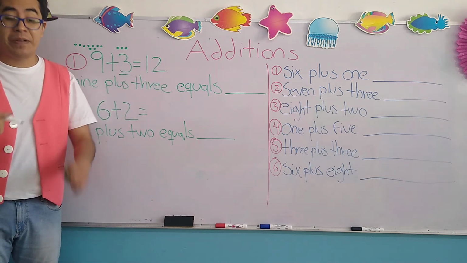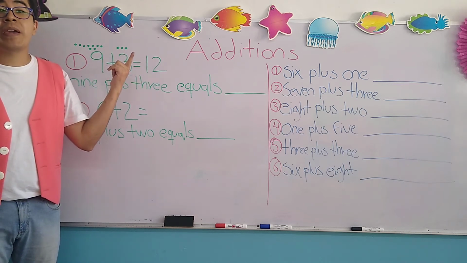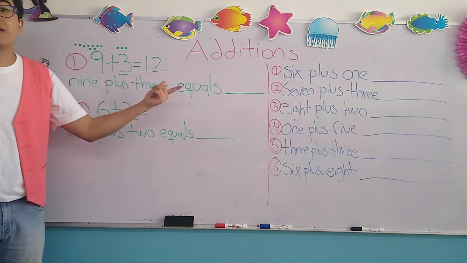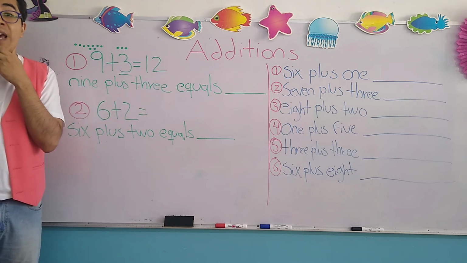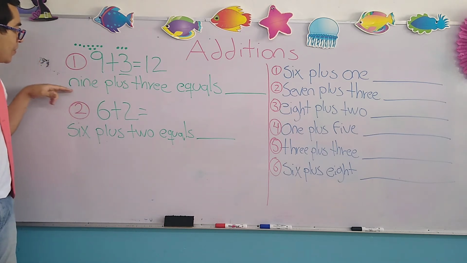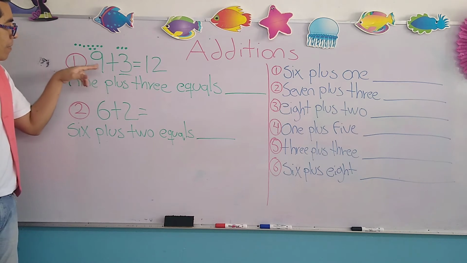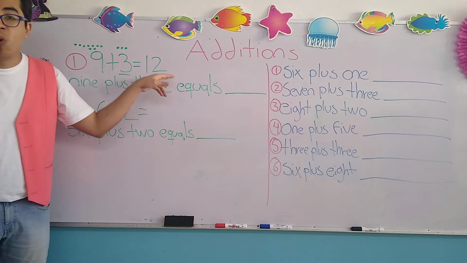Okay? Very good. Now, under this addition, we have the same addition. Tenemos la misma suma, but in this occasion, using letters, using words, not numbers. But it's the same addition. It says 9 plus, don't forget the symbol, plus 3 equals 12.